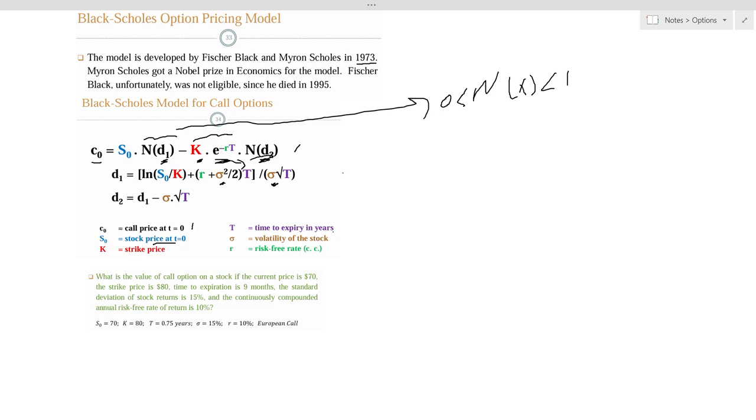So if the volatility of the stock increases, d1 increases, because in the numerator we have the square of the volatility and in the denominator just the volatility. And if d1 increases, the probability, which comes from the normal distribution, will increase. If the probability increases, then the call price will increase.